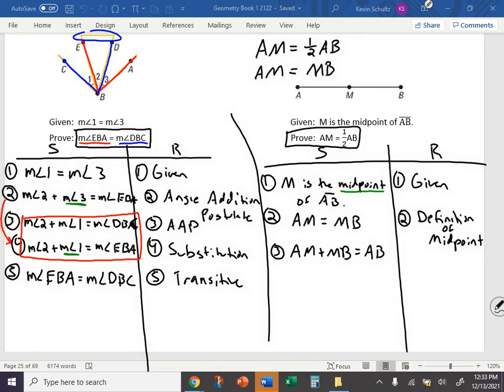Now, what allows us to say that AM plus MB equals AB? Actually, like where Gino's heading here, so we will make this our step 3 here. But what allows us to say that AM plus MB equals AB?